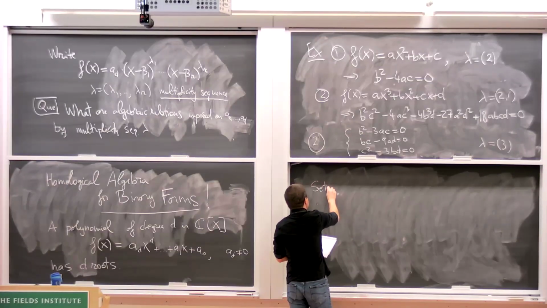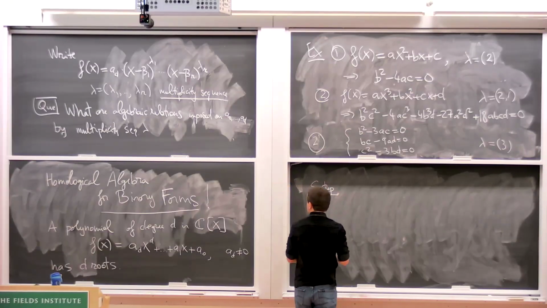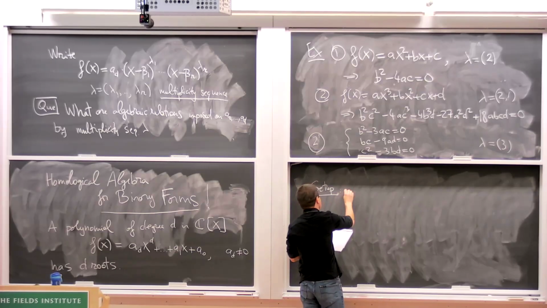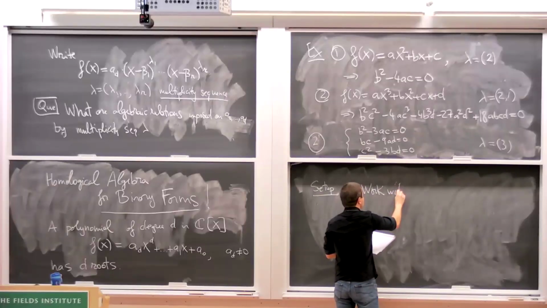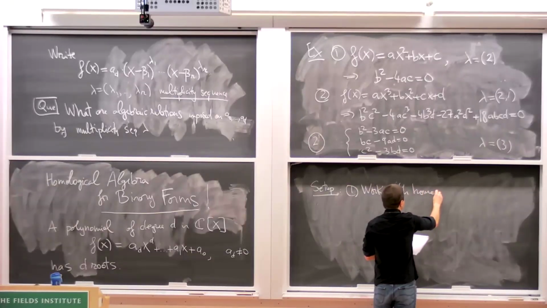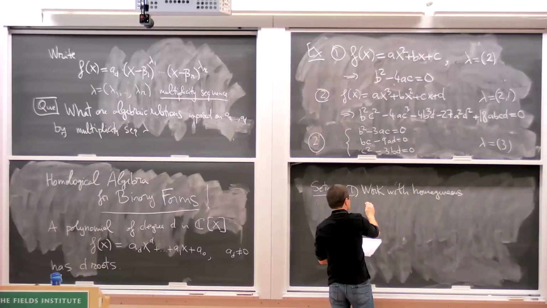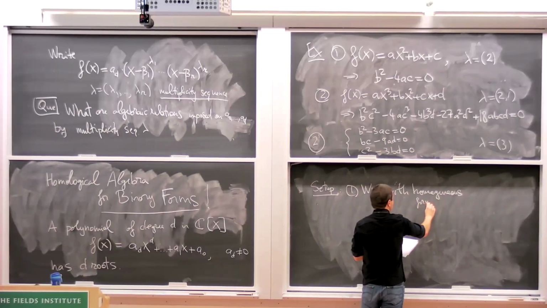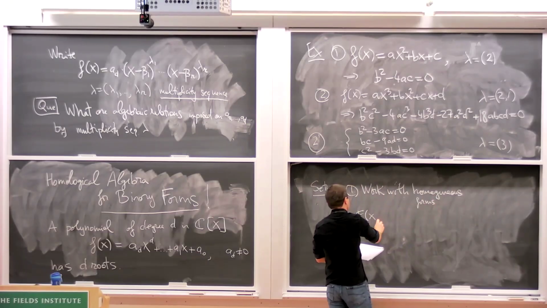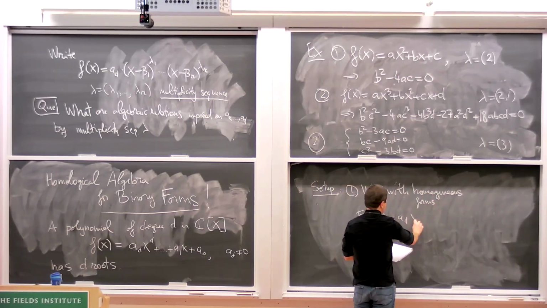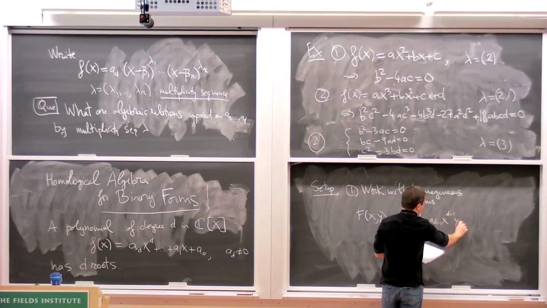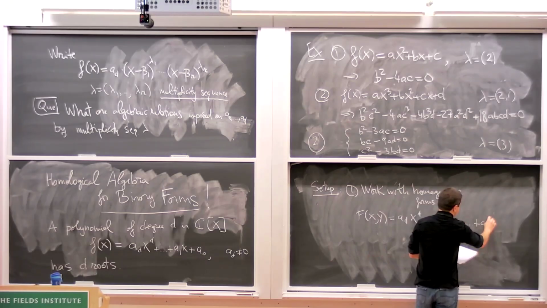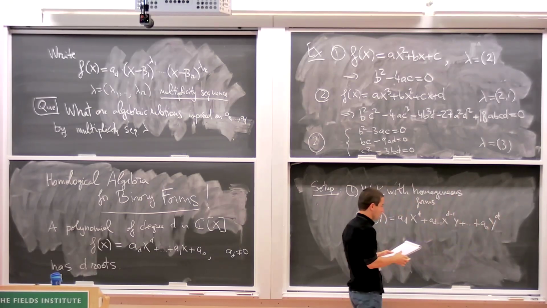So my setup, which is part of the title of this talk, is slightly different: I'm going to work with homogeneous forms of degree d in two variables, a_d x to the d, plus ..., plus a1 x y to the d minus 1, plus a0 y to the d. So I'm just homogenizing the polynomials I had from before.